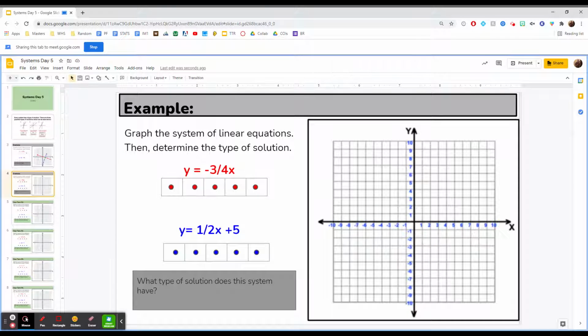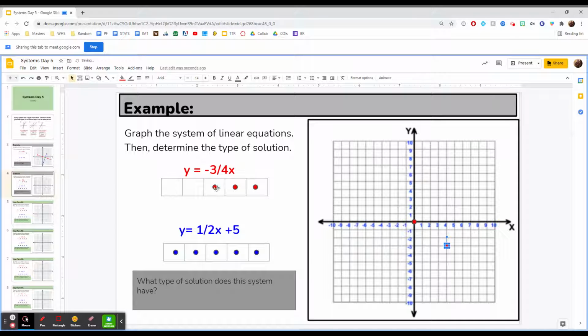Example number 2. Now I have to do the same thing. Now I'm gonna do y equals -3/4x. So again, no y-intercept, so that means that my y-intercept is at 0. So (0, 0). My change in y is -3, so I'm gonna go down 3 on the y and over 4 on the x to the right. So 1, 2, 3 down, over 4 on the x.